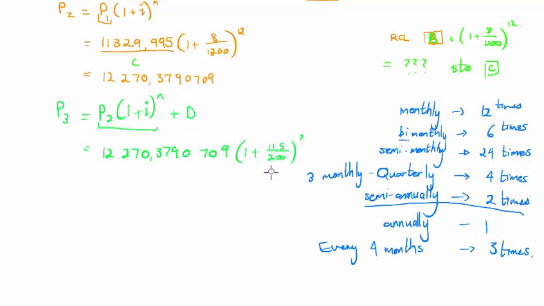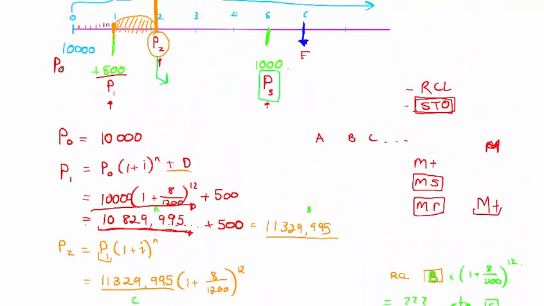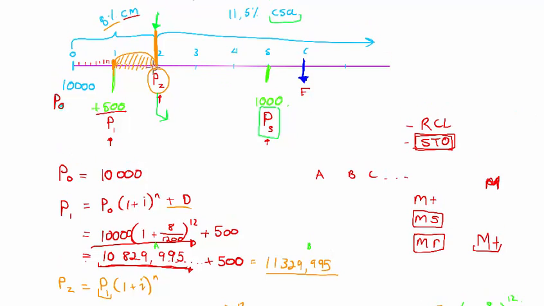So if I get 11.5 for the year, I get 11.5 divided by 2 each time I get it. Does that make sense? And now if I do that, how many times will I get interest for this time period?